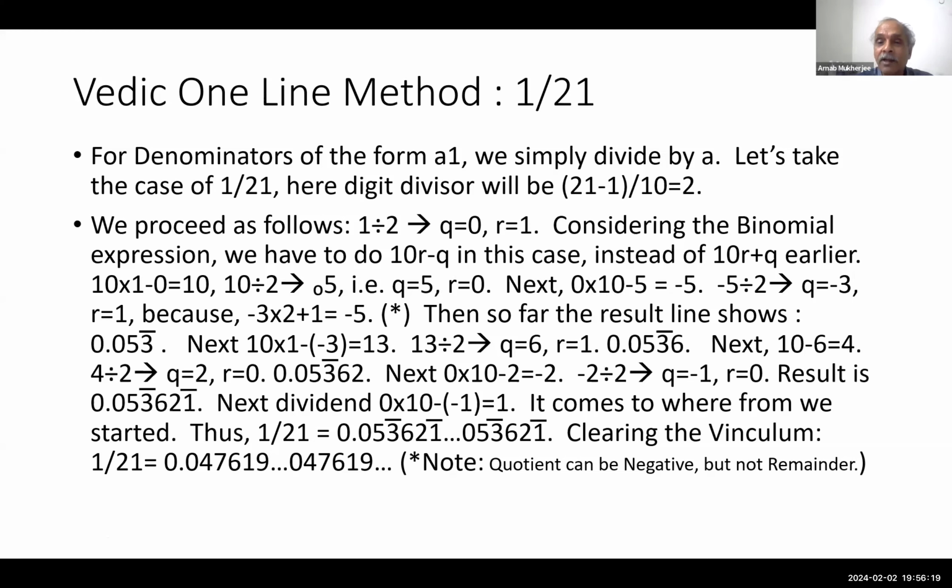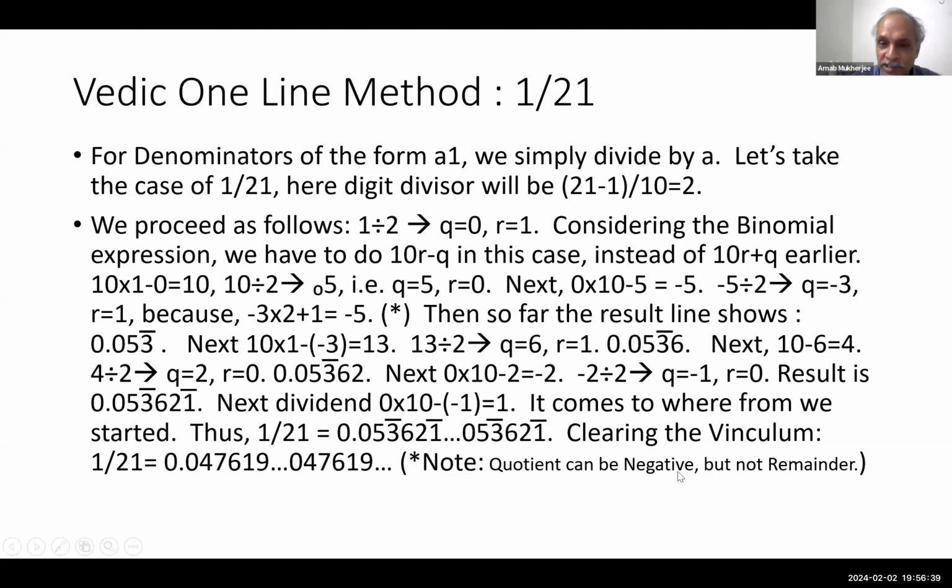If we divide -5 by 2, what will be my quotient and what will be my remainder? 5 divided by 2 is quotient 2 and remainder 1. But -5 divided by 2, what is the quotient and what is remainder?